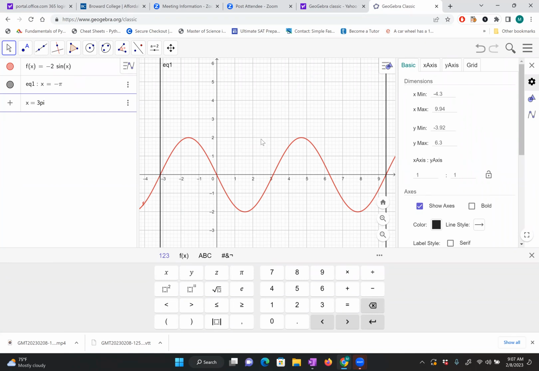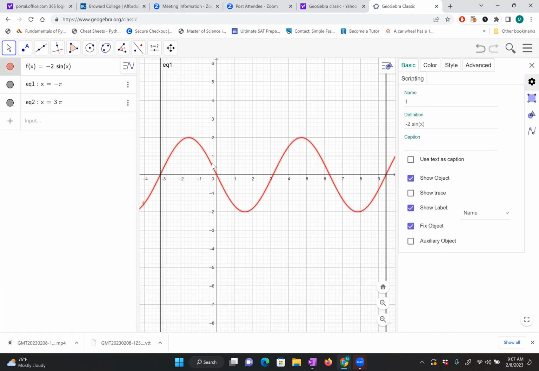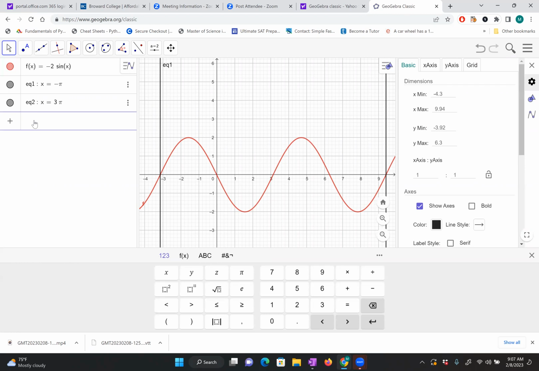All right, and so if you click on the line itself, I believe sometimes the dots will appear, but all right. So our first coordinate point, negative pi, comma 0. Our next point, negative pi over 2, comma, negative 2.